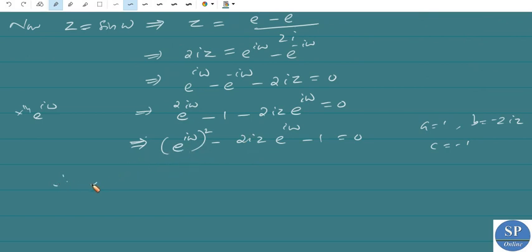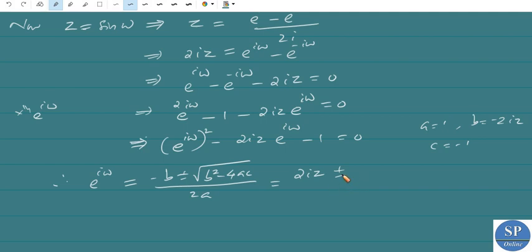Therefore, by using the quadratic formula, e power iw is equal to minus b plus or minus square root of b square minus 4ac divided by 2a, right? So minus b is 2iz plus or minus square root of.